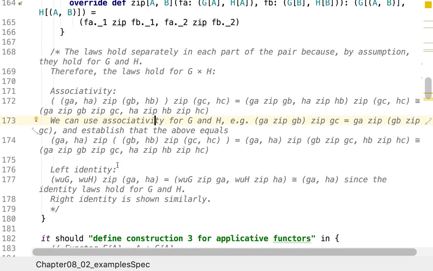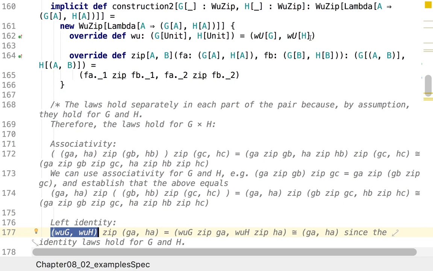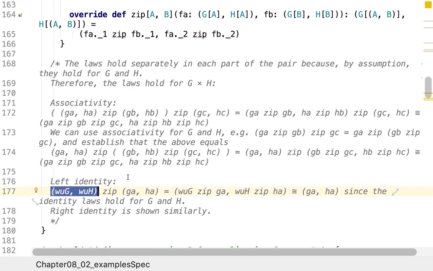And the identity laws are proven similarly. We take the wrapped unit, which is defined like this by our code, and we zip it with some arbitrary GAHA, and the result is the zipping of wrapped unit in each component.